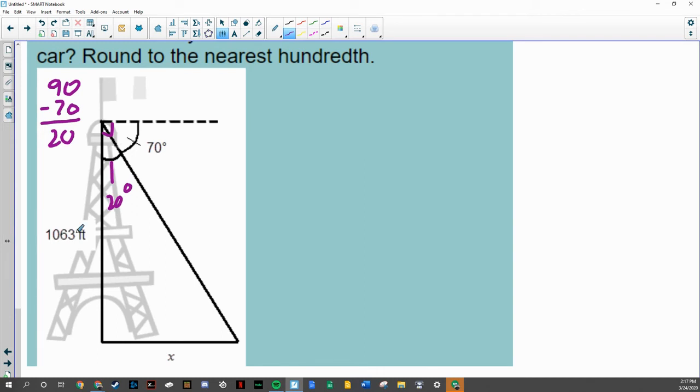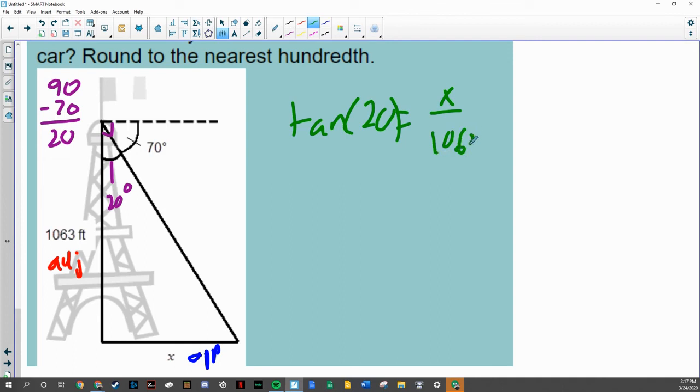Now, again, we have an adjacent side, this 1063, and we're looking for the opposite side, which is x. So we can set up our problem. Tangent of 20, tangent of that angle, equals opposite over adjacent, equals x over 1063. If we find the tangent of 20, we get a value.